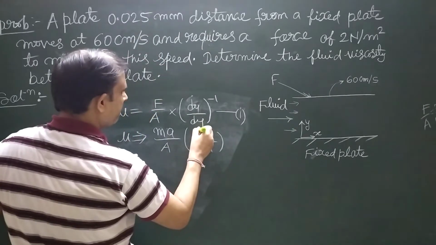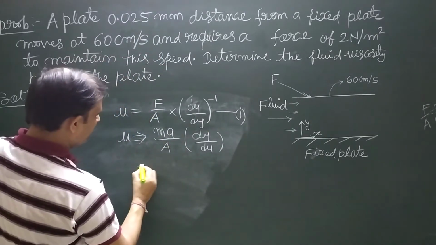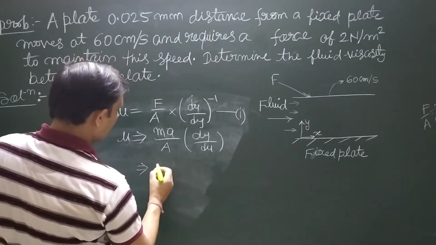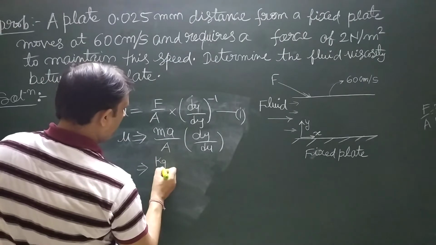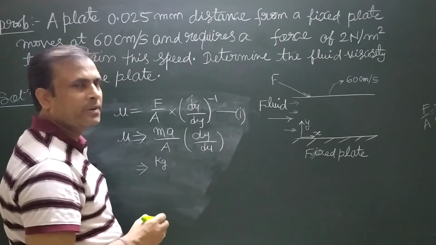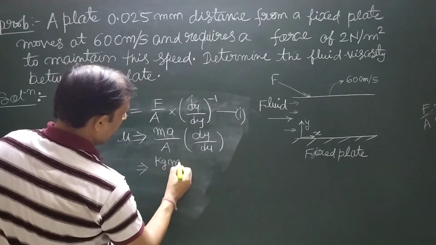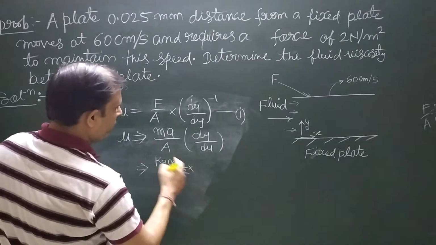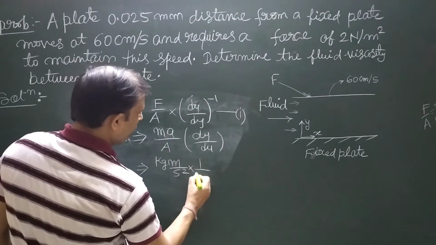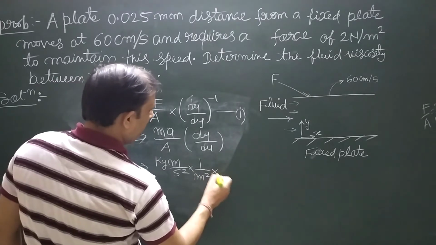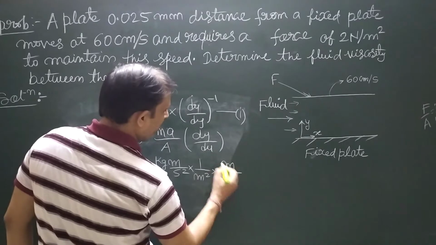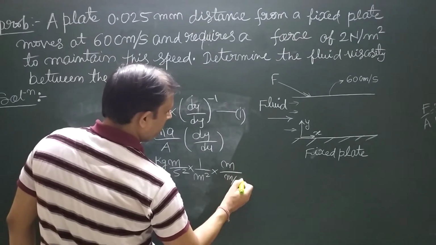The unit of mass is kilogram, the unit of acceleration is meter per second square, into the unit of area 1 by meter square, into dy meter, du meter per second.